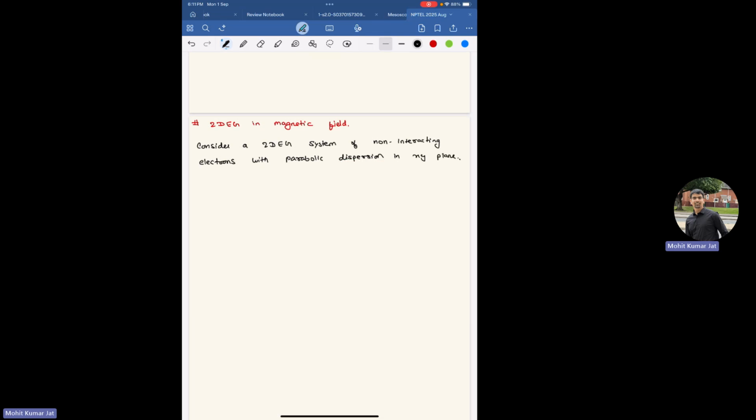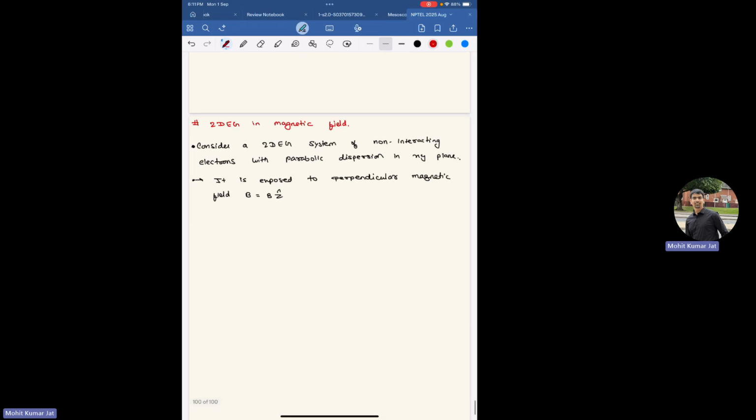This is point 1 of the system. It is exposed to a perpendicular magnetic field B, that is B equal to Bz z-cap.